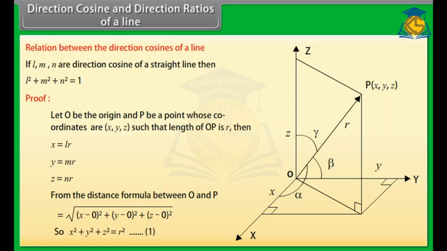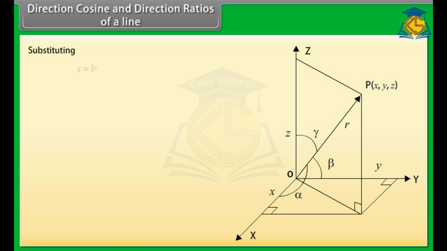So x square plus y square plus z square equals r square, name it as 1. Substituting x equals LR, y equals MR, z equals NR, we get LR square plus MR square plus NR square equals R square. L square R square plus M square R square plus N square R square equals R square.